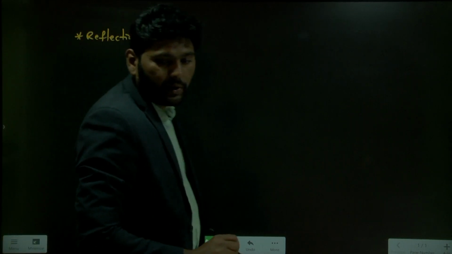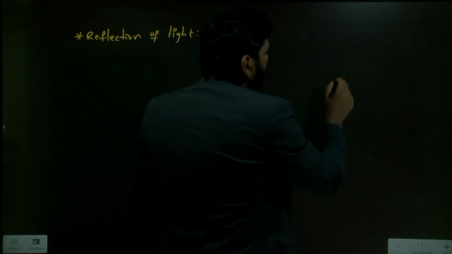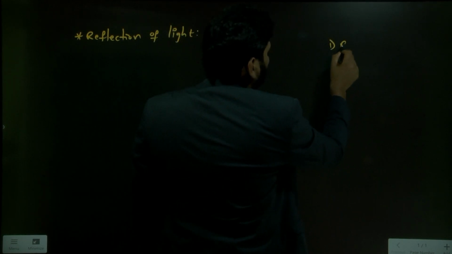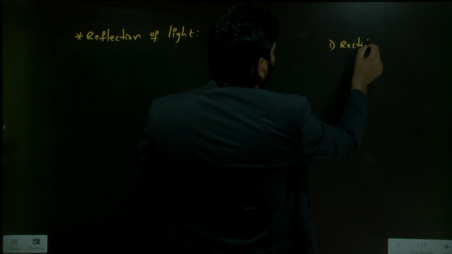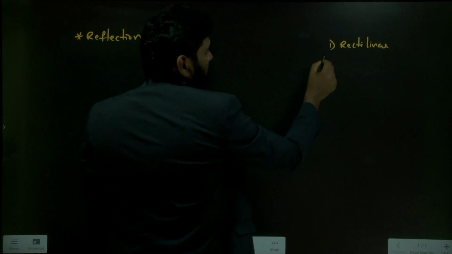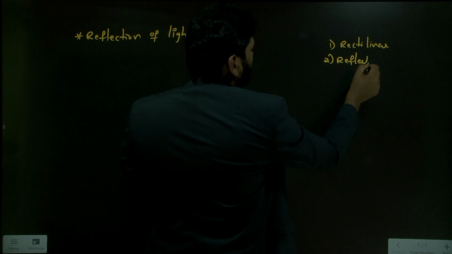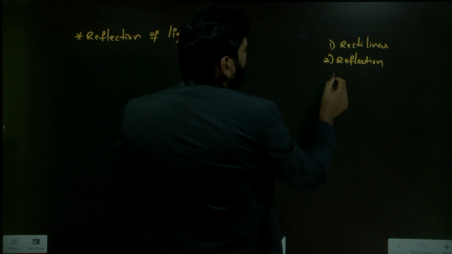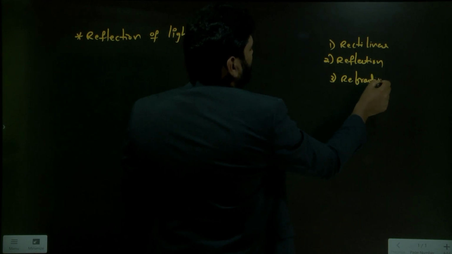It is also one of the properties of light. Once again, I will write the properties of light. First property is rectilinear propagation. Second property is reflection. Third property is refraction.